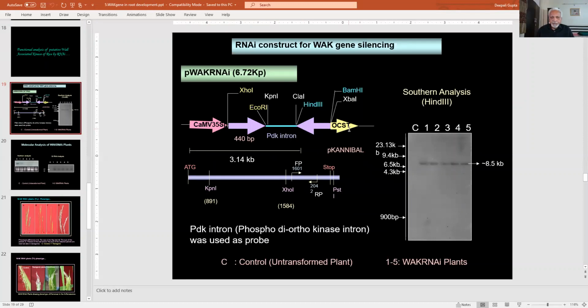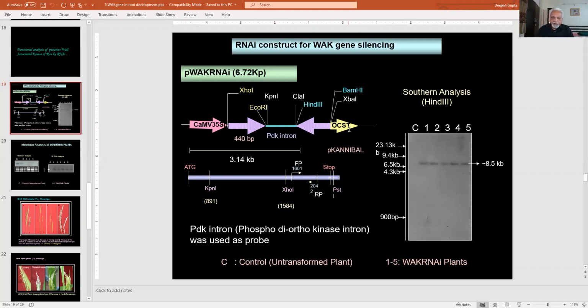And now for generating the silencing cassette, we have to have a very gene-specific region identified.